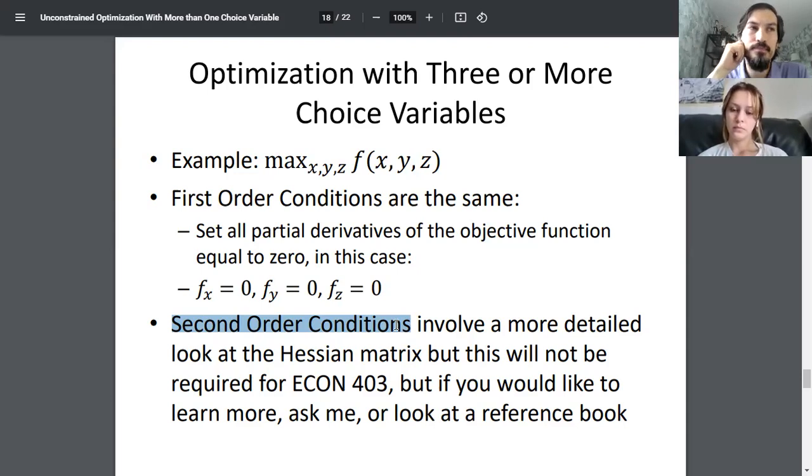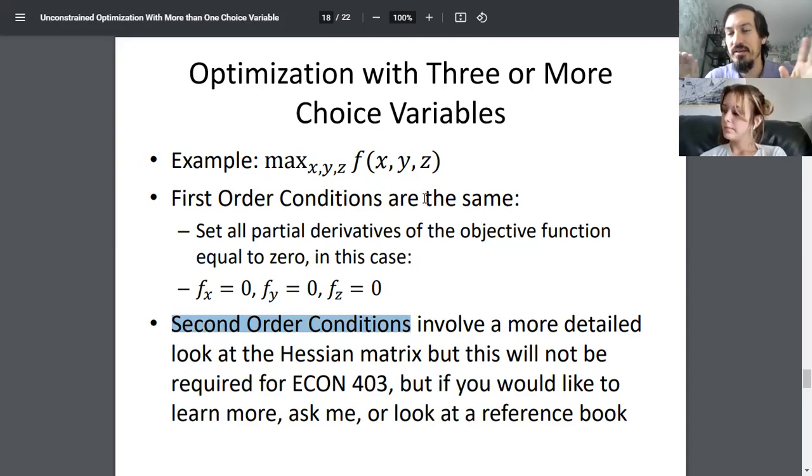It's just not important enough for you as a part of the undergraduate curriculum in the economics major to study this. But if you are at all interested, you could ask me or look at a reference book or something, and it'll tell you what they are. It has to do with other ways to divide up the Hessian matrix.